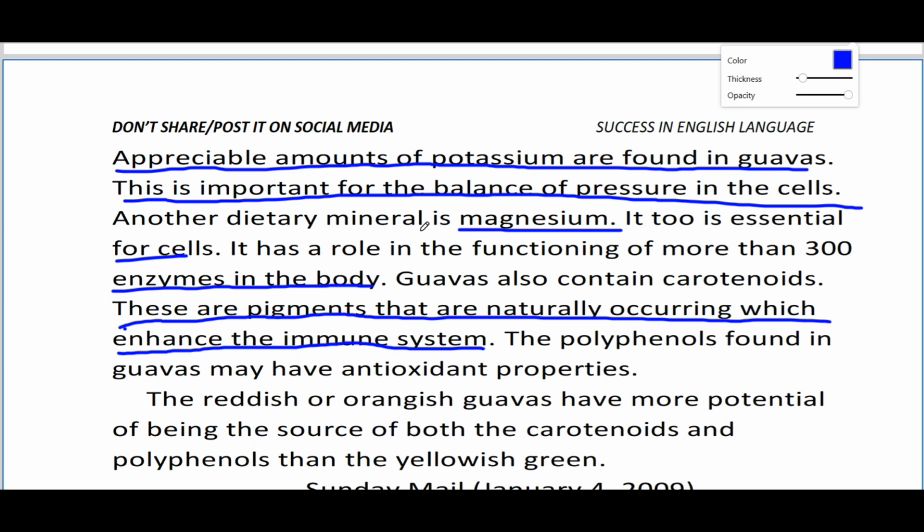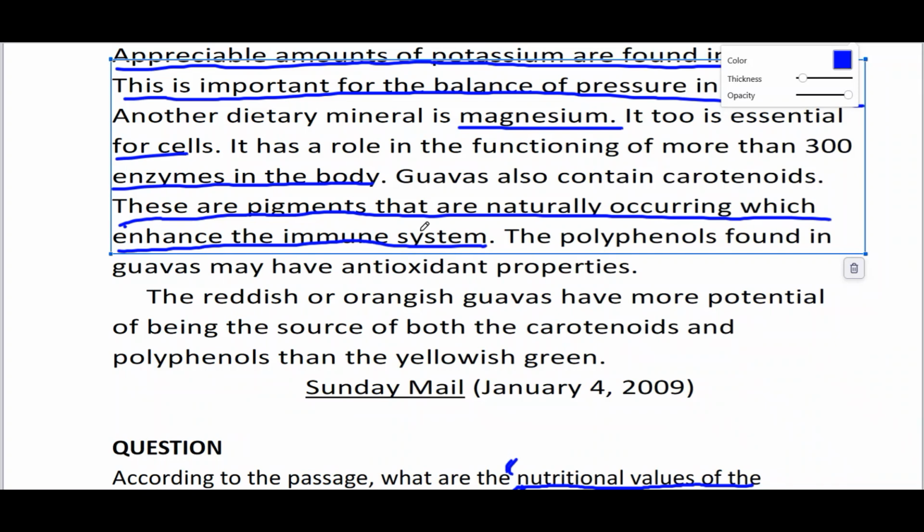The polyphenols found in guavas may have antioxidant properties. We've talked about this. The reddish or orange guavas have more potential of being the source of both the carotenoids and polyphenols than the yellowish green. So as we can see, we've made some points.